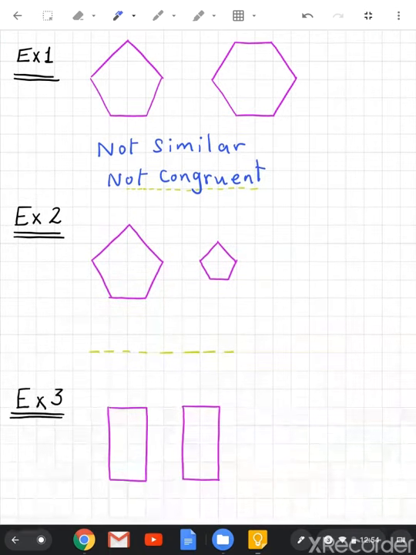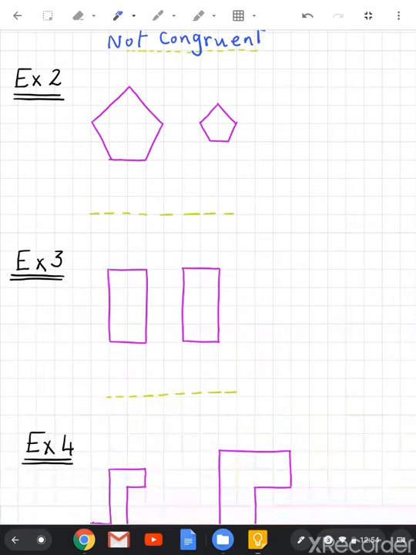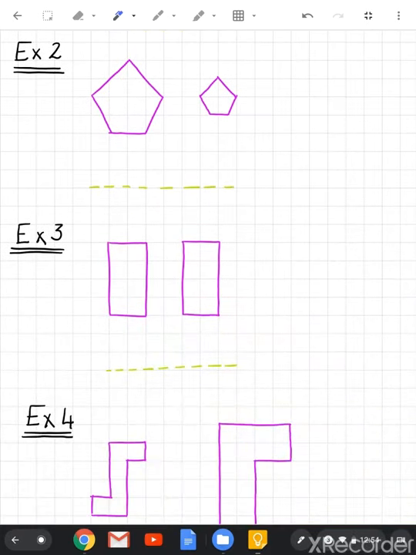In example number 2, we have two figures. They have the same shape. Both of them are pentagons, but they are different in size. The first one is big, the second is small. So they are not congruent, but they are similar.